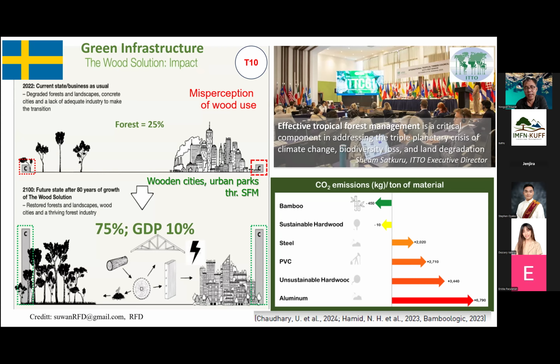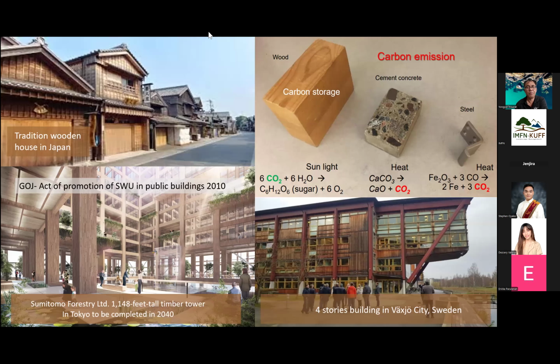It means that we can keep the carbon in the ecosystem. And if we use other materials like steel, PVC, or aluminum, we generate a lot of carbon into the atmosphere. Consequently, we have climate change impact, biodiversity loss, and land degradation.